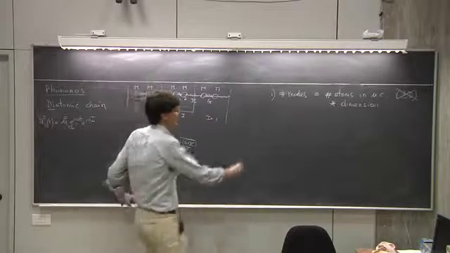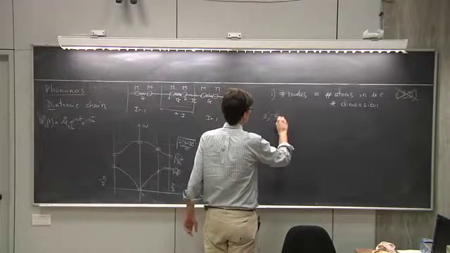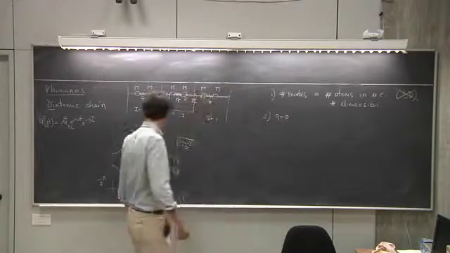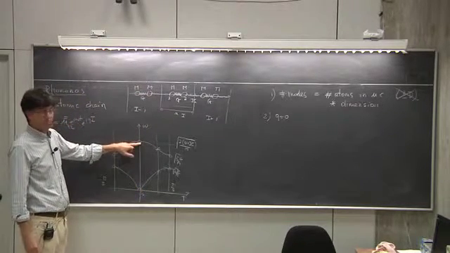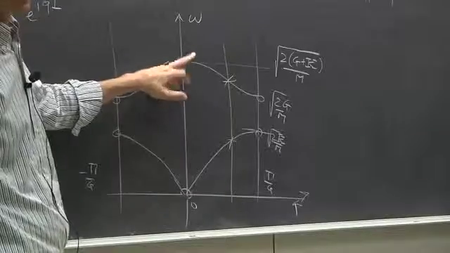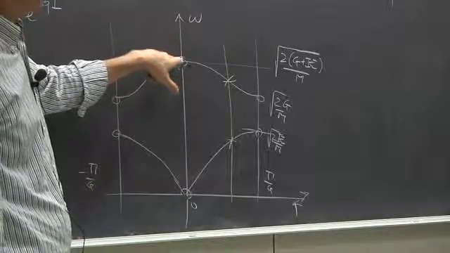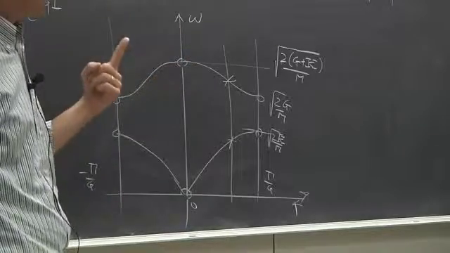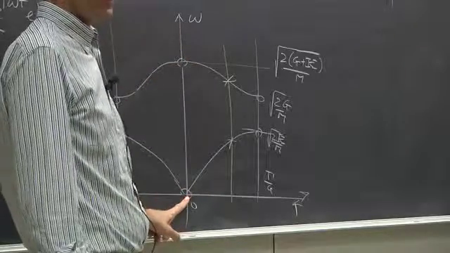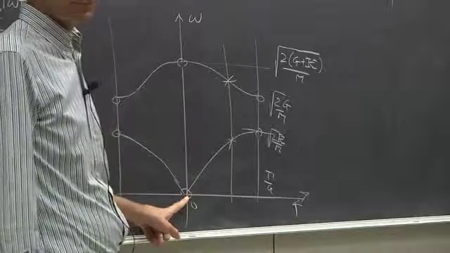Suppose I'm now at q equals 0, at the zone center. Here we have 1 mode which is 0 and 1 mode which is non-zero. We're going to analyze in a moment what is the meaning of this mode. In the previous case, 1 atom per unit cell, we only have 1 mode, and the frequency was 0.